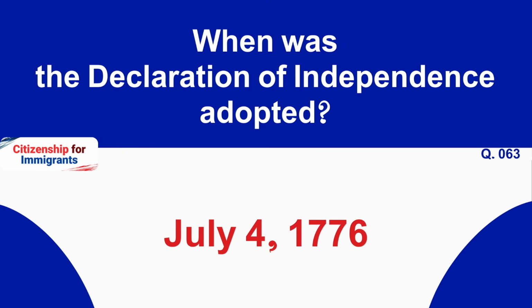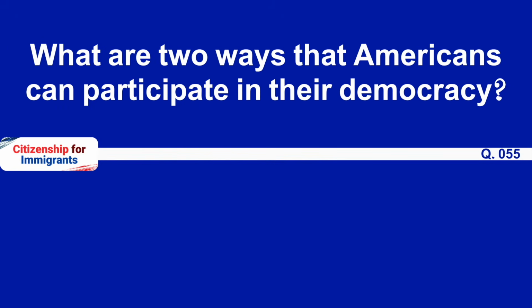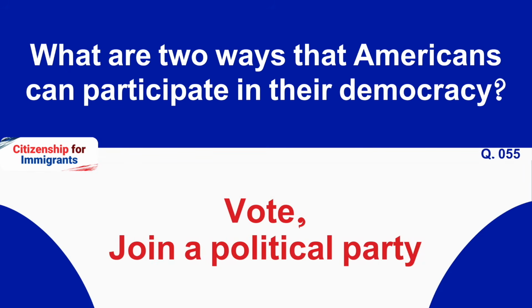July 4, 1776. What are two ways that Americans can participate in their democracy? Vote. Join a political party.